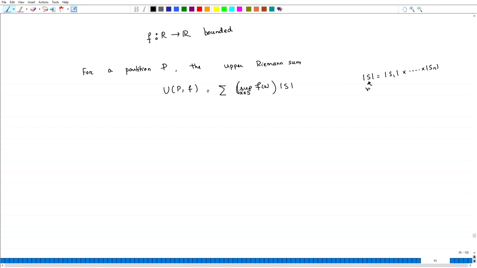I am using the same notation, and all these S_j denote the length of the interval S_j.